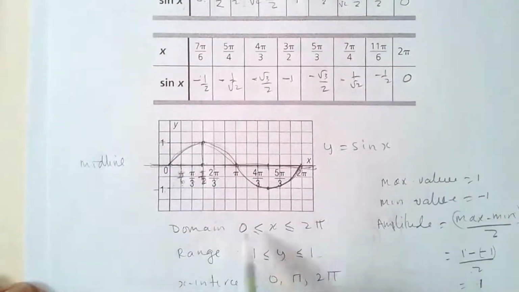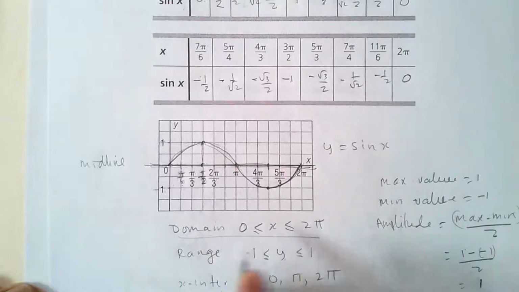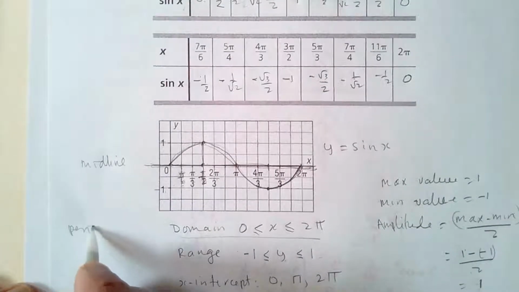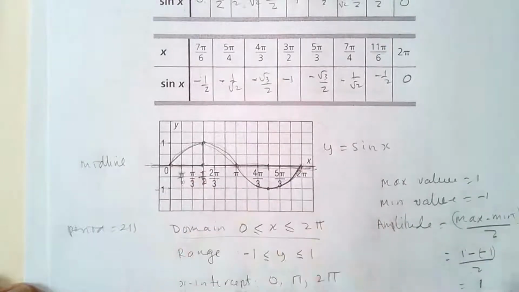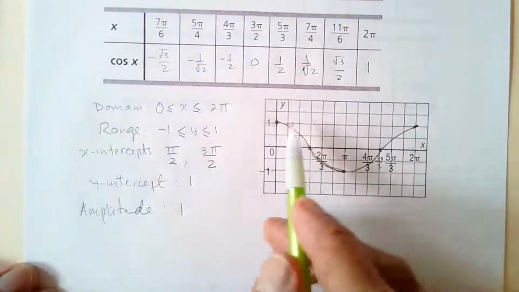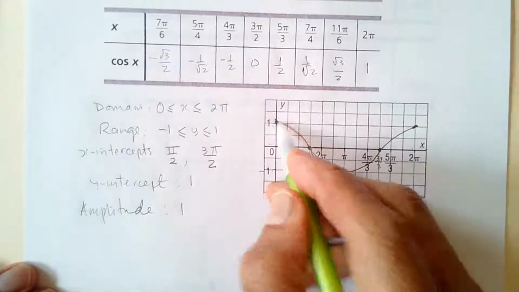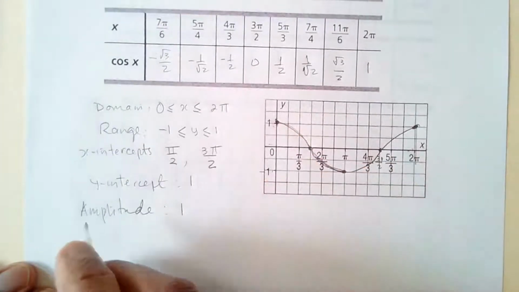Okay, so that's your domain from 2 pi. So this is the period. It's equal to 2 pi, the length, right? So the period, or the length of each interval. So you start from here, maximum, and it ends here. So the length of this interval is called a period.